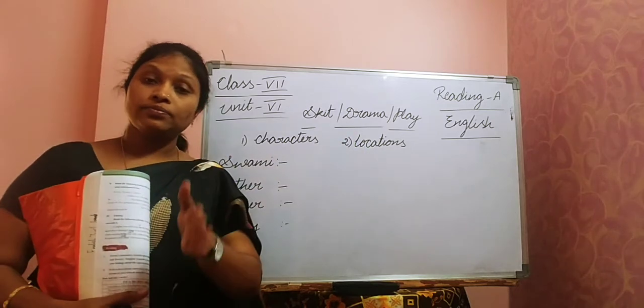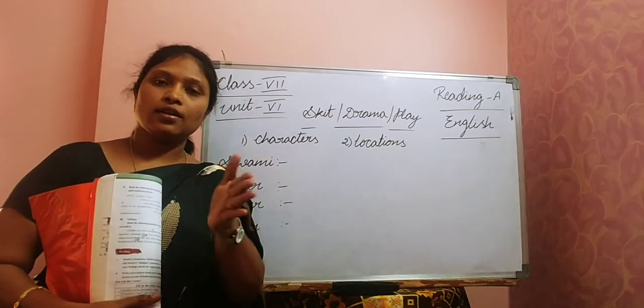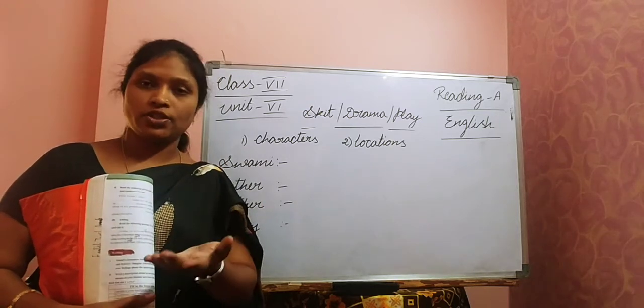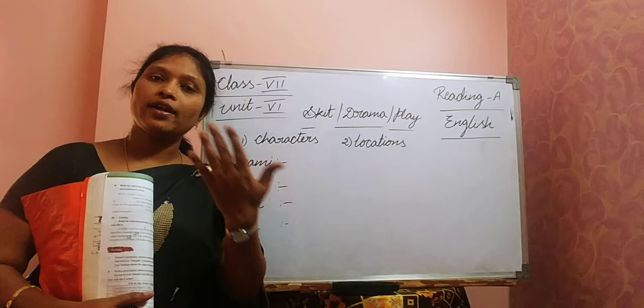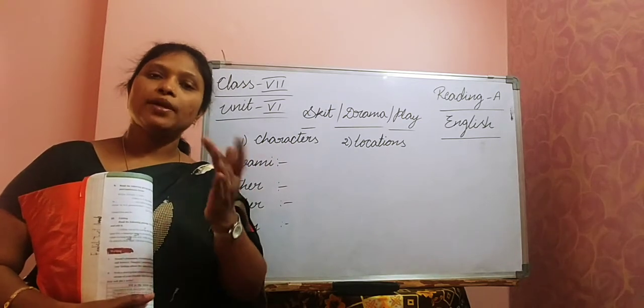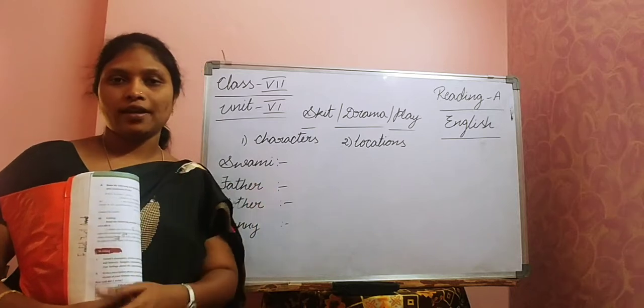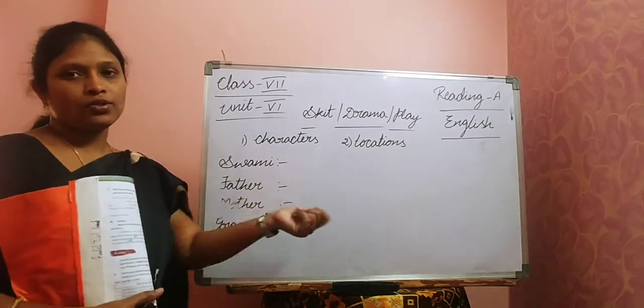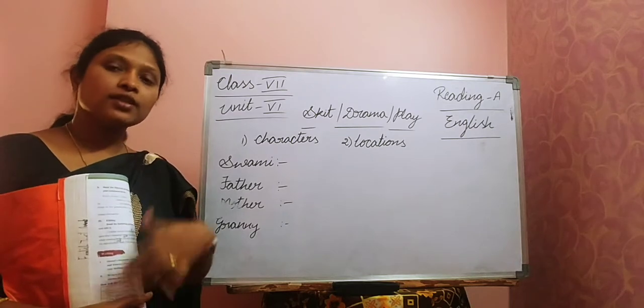Then you can divide the total story into 2 or 3 scenes. It's your wish. You can divide the total story into 2 or 3. Based upon that, you need to describe it. Here we need to write in the form of dialogue. Dialogue writing, again we know that, right? Conversation.